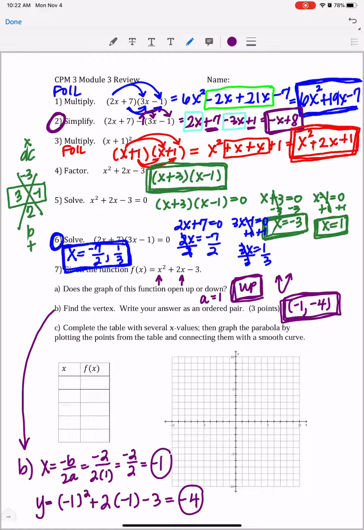Then C says complete the table with several x values, then graph the parabola by plotting the points on the table and connecting them with a smooth curve. When you get your vertex, it goes right here in the center. So we've got -1, -4. You need to go 2 up and 2 down, and it does not matter which is which. So I can either go 0, 1, -2, -3, or -2, -3 up here, 0, 1.